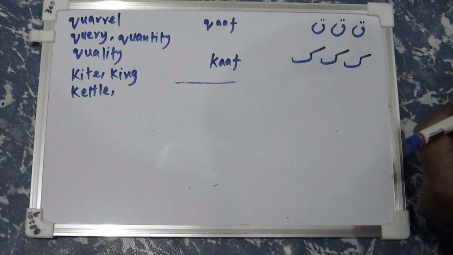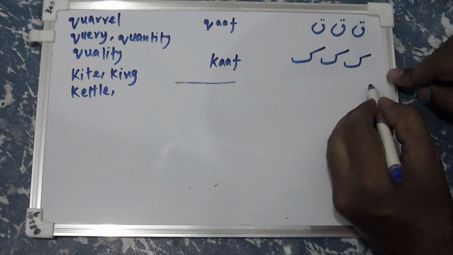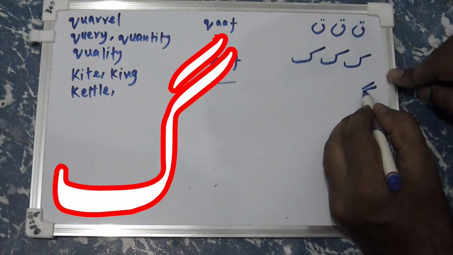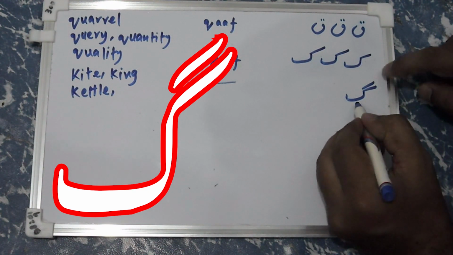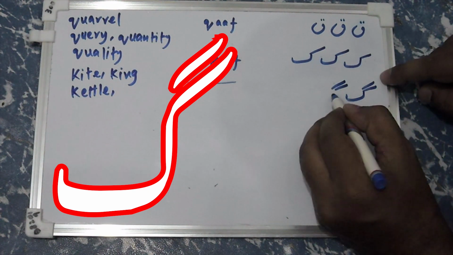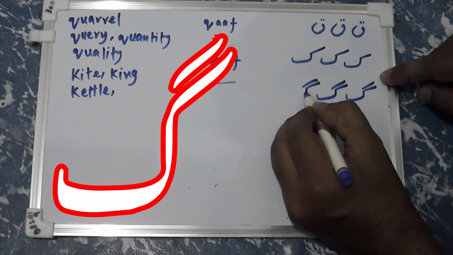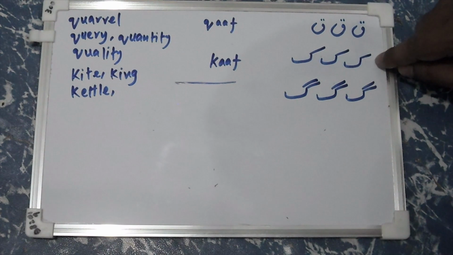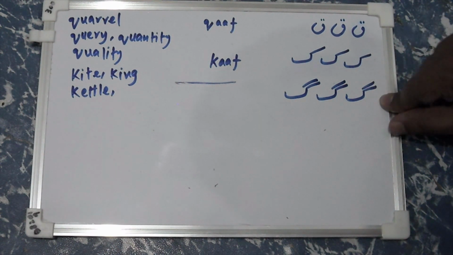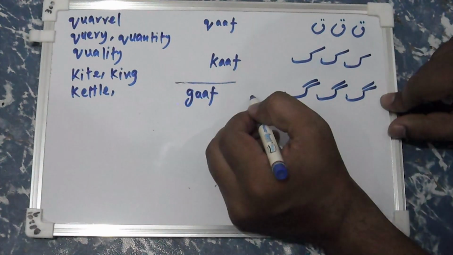And the next alphabet is gaf, which is similar to calf, but it contains one more stick or one more stroke, like this. It contains two strokes. As you remember, this calf contains just one stroke, but this gaf contains two strokes. Gaf.